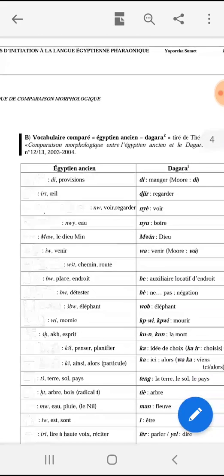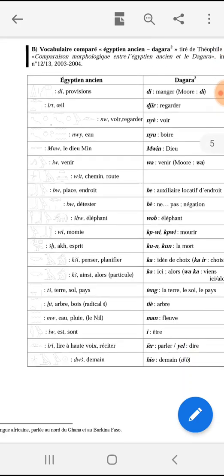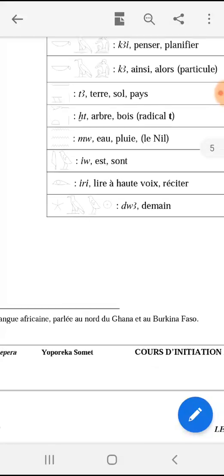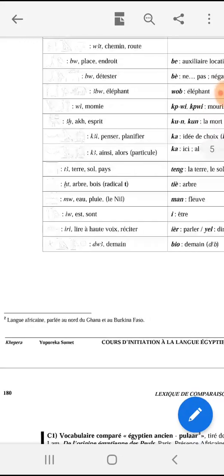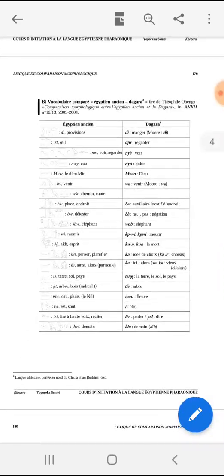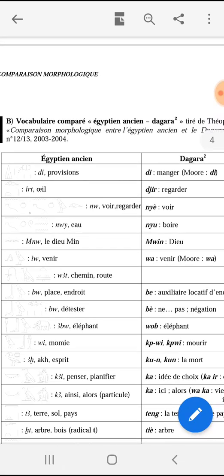So here we're looking at a comparison between the Medu Netcher and Dagara. Dagara is a language spoken in the north of Ghana and in Burkina Faso. In Medu Netcher, you have di meaning provisions.